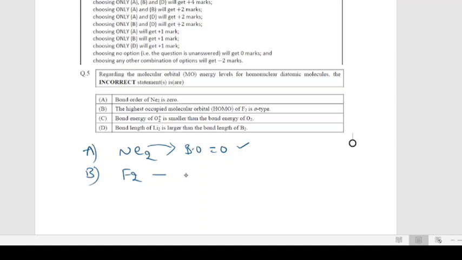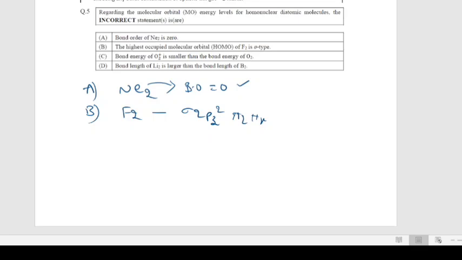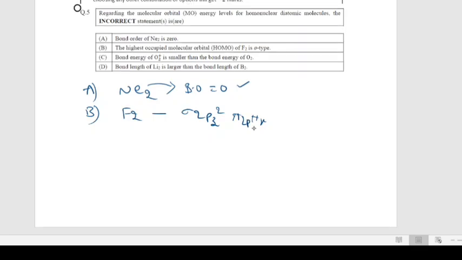It is nothing but sigma 1s2, sigma star 1s2, sigma 2s2, sigma star 2s2, and then sigma 2pz2, pi 2px2, pi 2py2, pi star 2px2, pi star 2py2. So the highest occupied molecular orbitals are of pi type, but not the sigma type, right? So option B is the wrong statement, the incorrect statement.